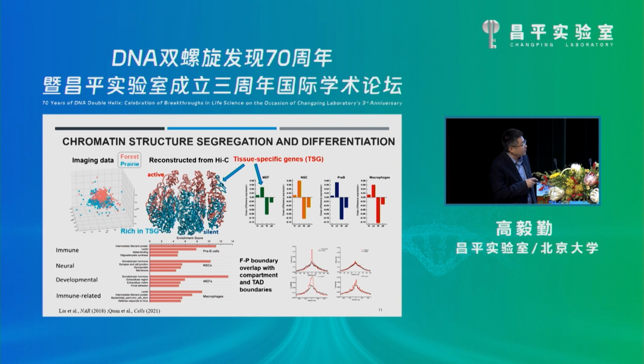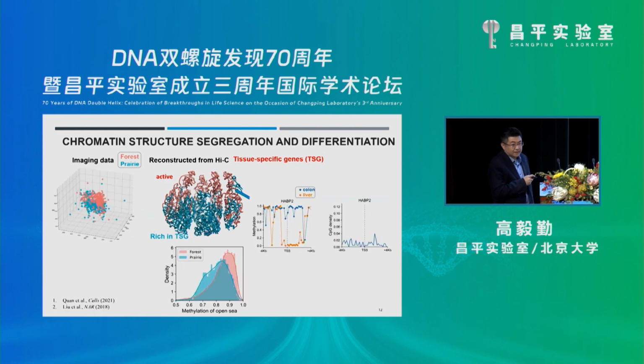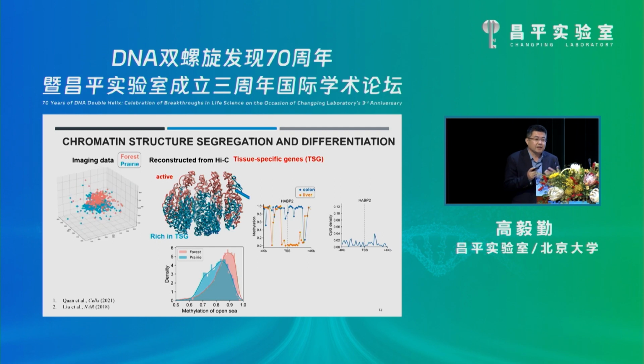And the boundaries between the 1D sequence properties, the F and P domains, overlap very well with the compartment and TAD domain boundaries. But if you look at just the CGSaw, which is another popular way of dividing the human genome, that overlap is much poorer. We also found earlier that there is some correspondence between DNA methylation and nucleosome positioning.